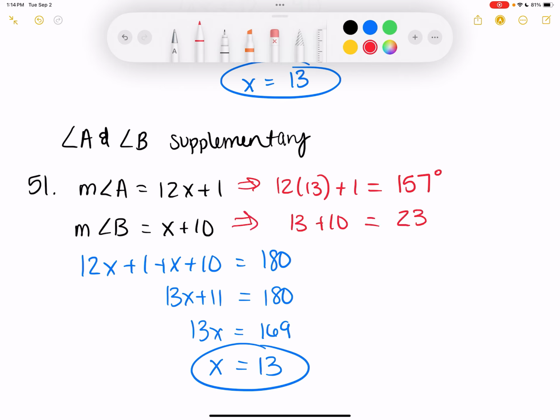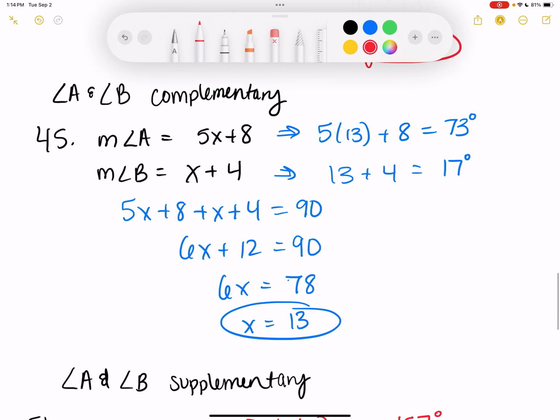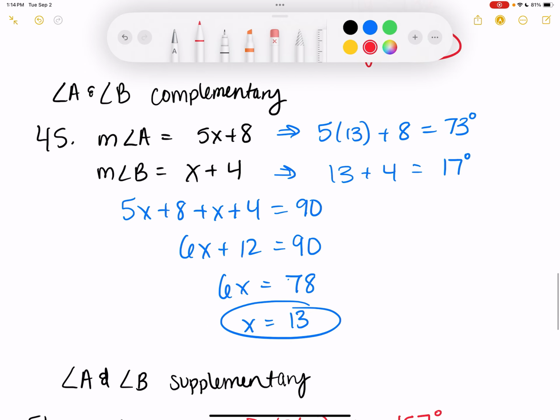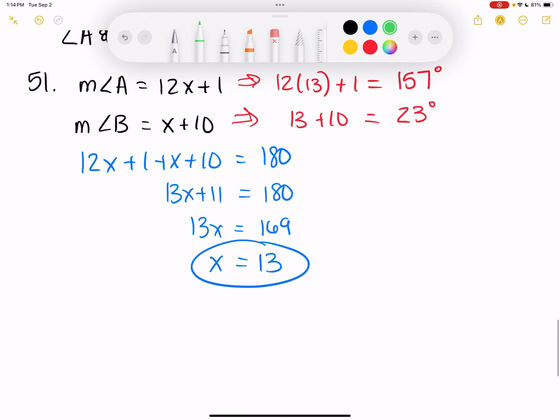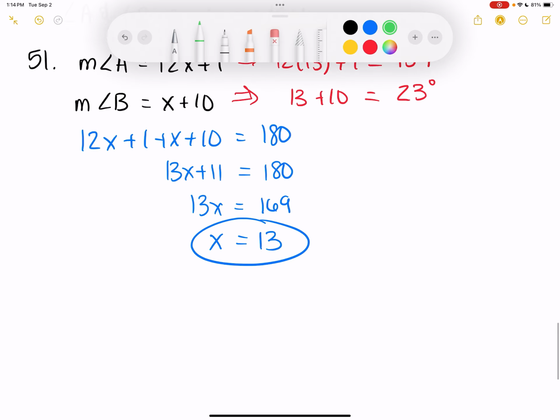And if you're ever not sure, we can obviously take these two and add them together and they should equal 180, right? And then same thing up here with this one. We can add them together and they should equal 90. Any questions on this stuff? Seems pretty chill if you know the definitions of things overall and the different steps of where to put the numbers, probably useful.